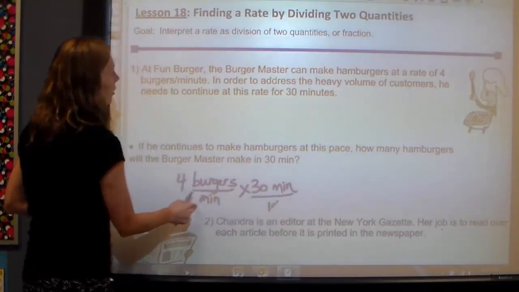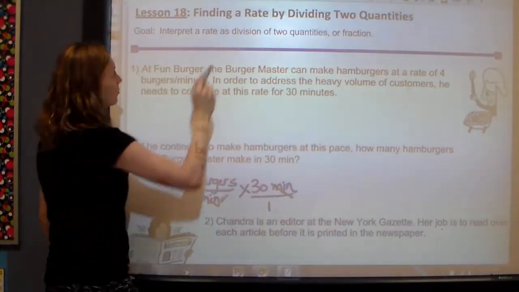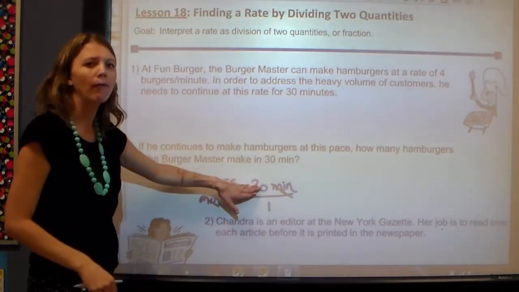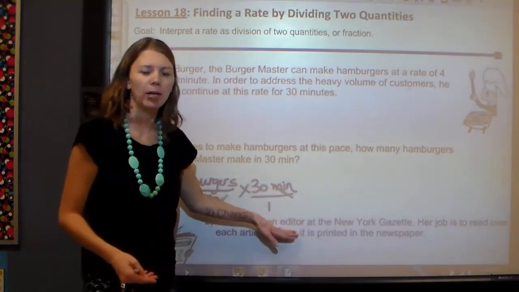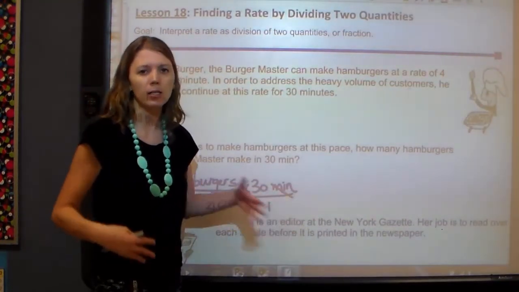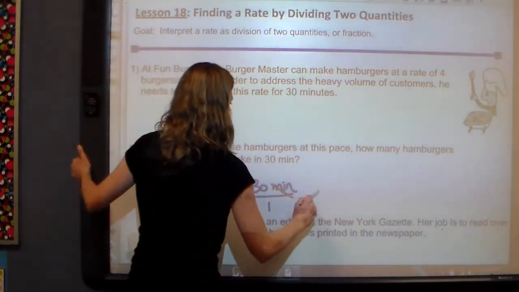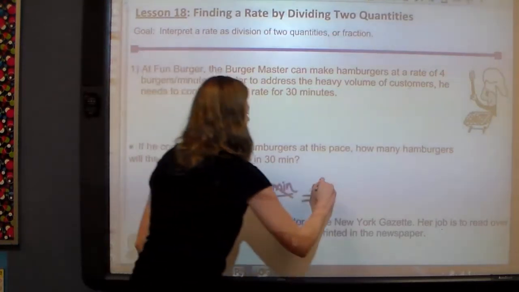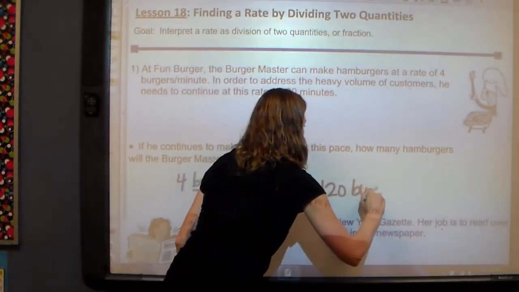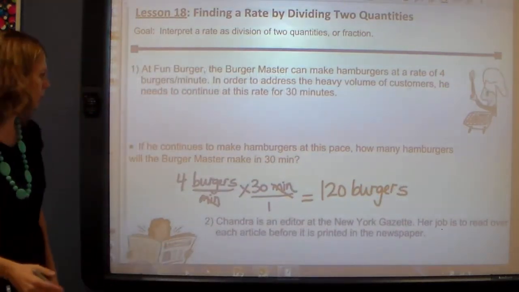So that's what we're going to do with our minutes here. These minutes are going to cancel, because think about if you have 30 30ths, you have one whole. So the same thing if you have 1 minute divided by 1 minute, it's kind of gone. You don't have that anymore. So I'm going to multiply 4 burgers by 30, and I'm going to get 120 burgers. And that's the mathematical way to do that one.